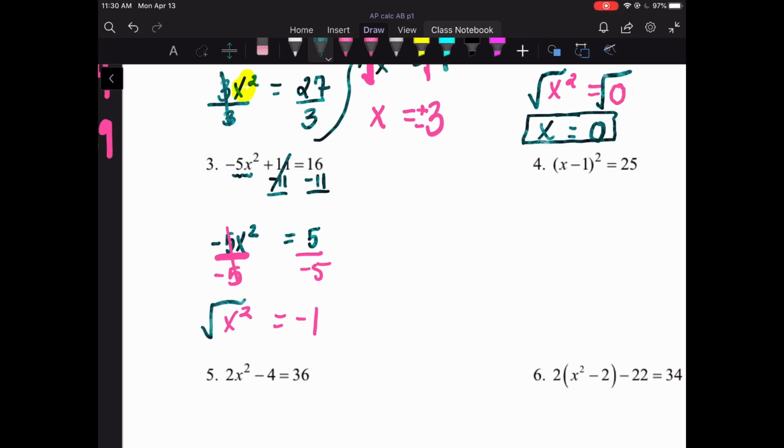Take the square root of both sides. Remember, it's plus or minus, but wait, we notice that the inside of the square root is negative, and therefore we can actually stop there and write no solution. Again, later on you'll learn that you have to keep going with those problems. For now, it's no real solution.